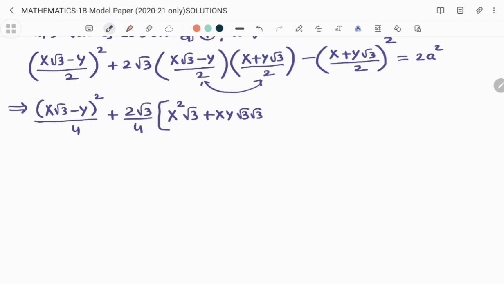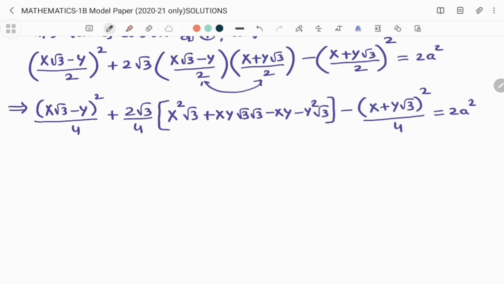After that we will change, minus XY, minus Y into Y root 3, so minus Y square root 3, minus, keep bracket, (capital X plus Y root 3) whole square divided by 2 whole square is 4, which is equal to 2a square.